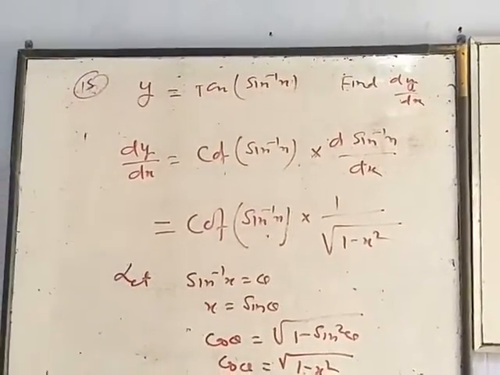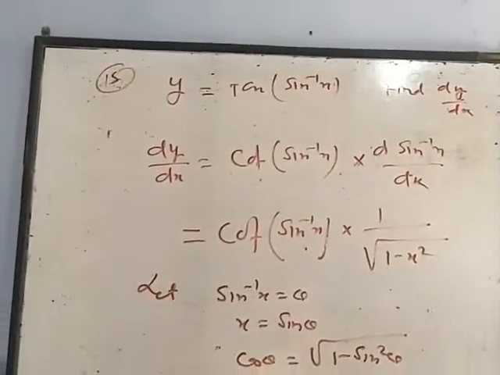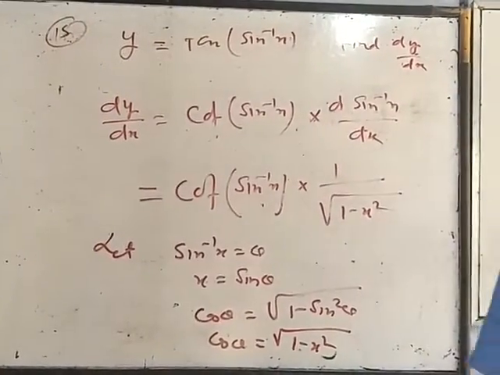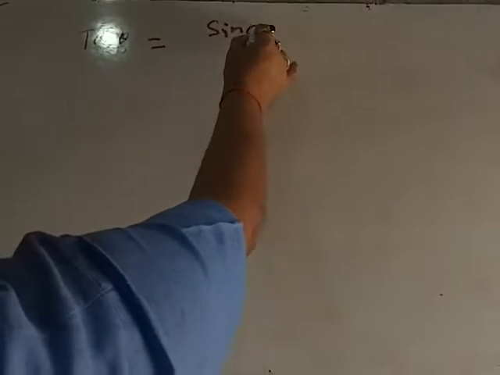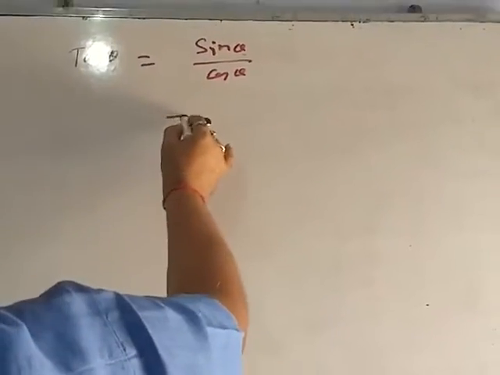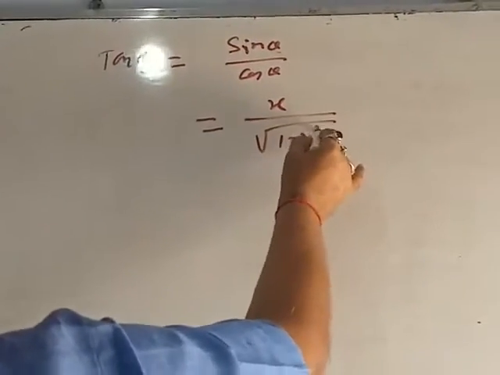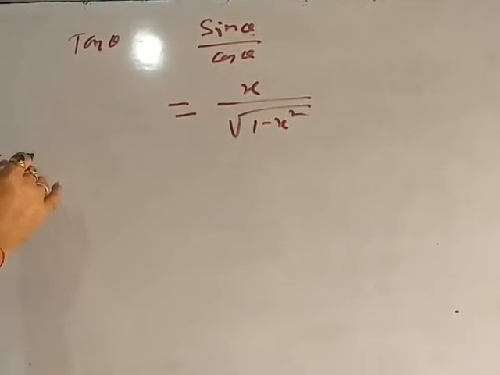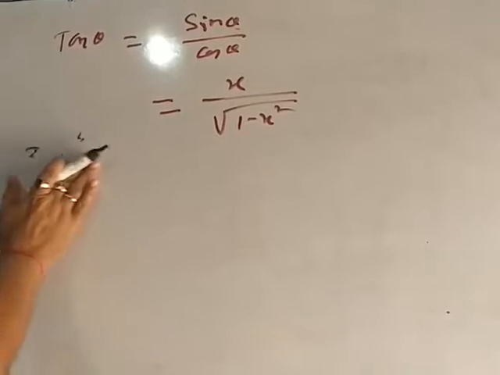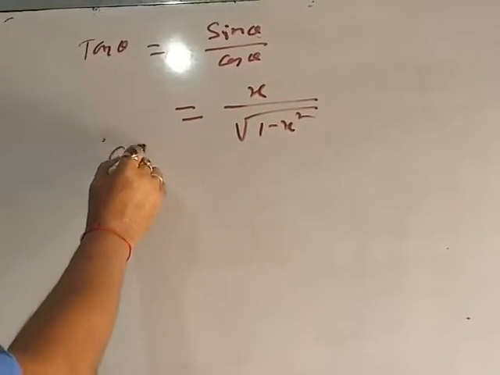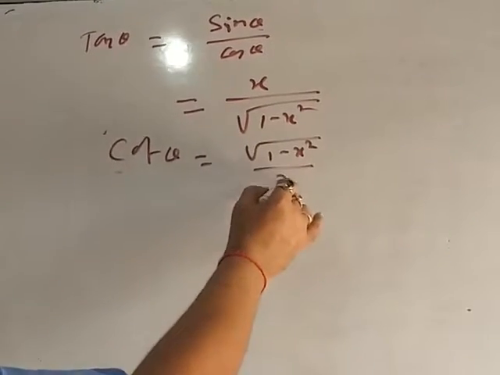So tan theta we can get. Tan theta value, you know, is sin theta by cos theta. So sin theta is x, cos theta is root under 1 minus x square. So that is tan theta, and cot theta is root under 1 minus x square by x.